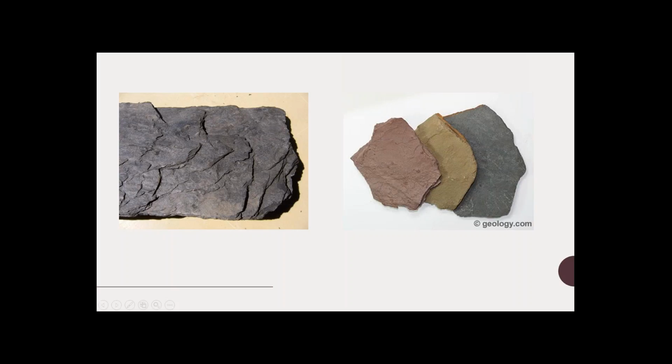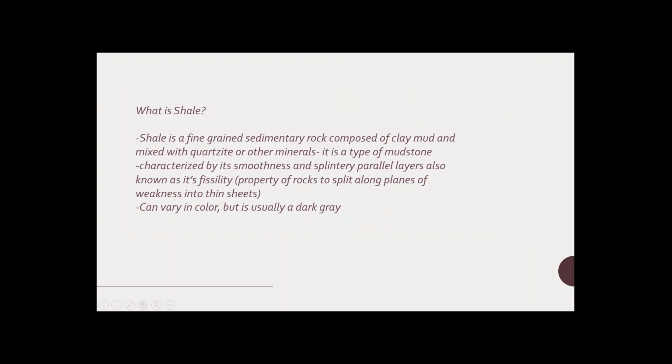How it looks like when you break it, there's different distinct layers. So it kind of looks to me like a case of stairs. That's what I would call it. Like this. So if you want the definition, it's right here.